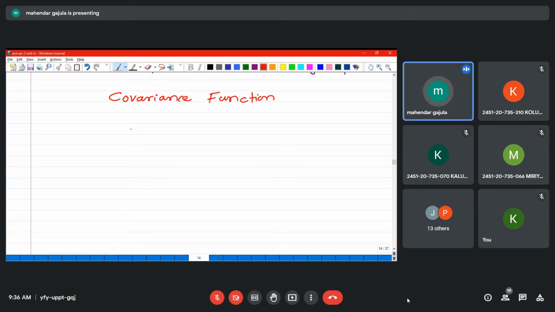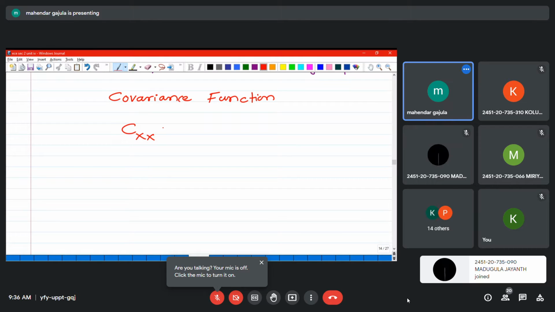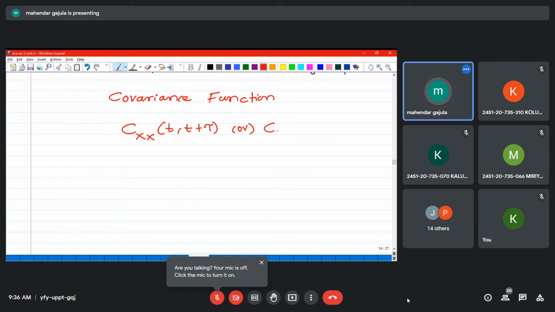It is represented with C double x or Cxy, t comma t plus tau, or Cxy, t comma t plus tau.